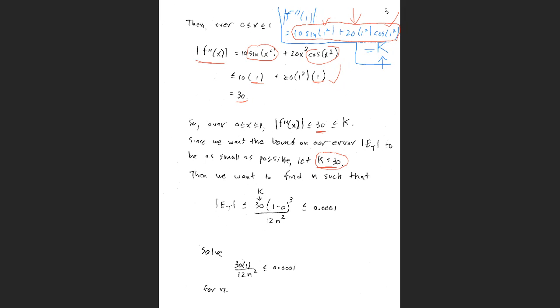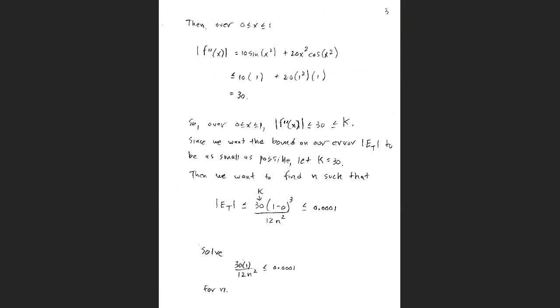You want the error of your trapezoidal approximation, which is the difference of the trapezoidal approximation and the true value of the integral, to be less than 1/10,000th.